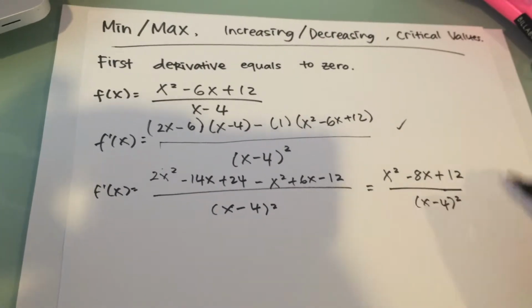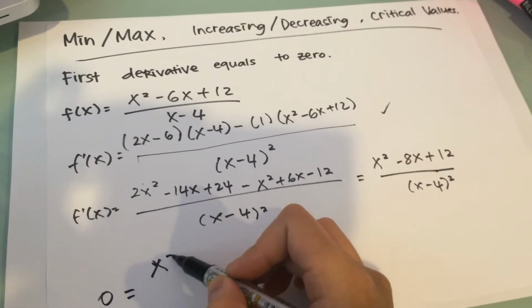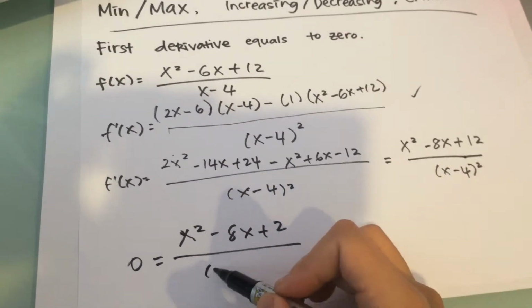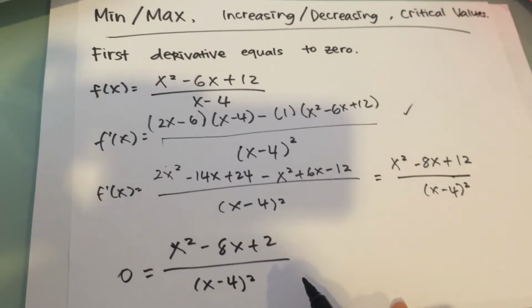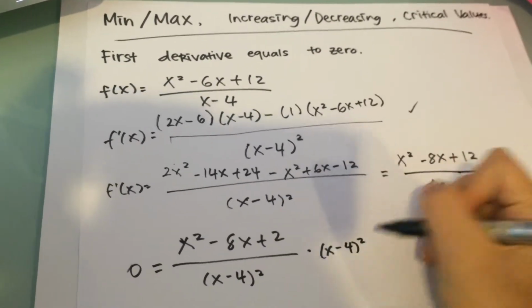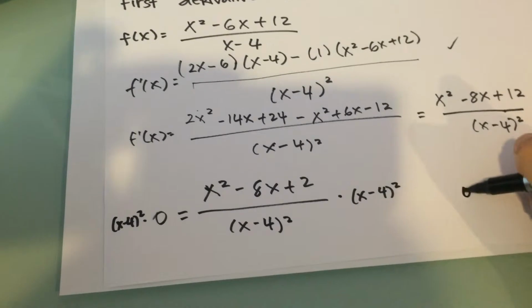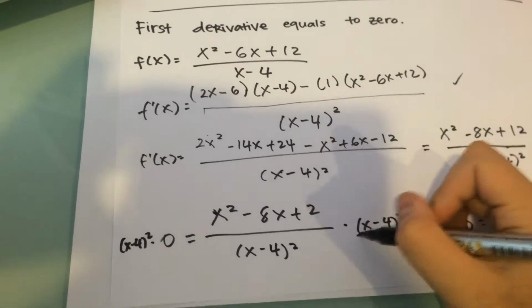So until here, we set this equal to 0. 0 equals x squared minus 8x plus 12 over x minus 4 squared. If this equals 0, then we multiply both sides by x minus 4 squared, and we get 0 equals x squared minus 8x plus 12. I copied it wrong earlier, this is 12.